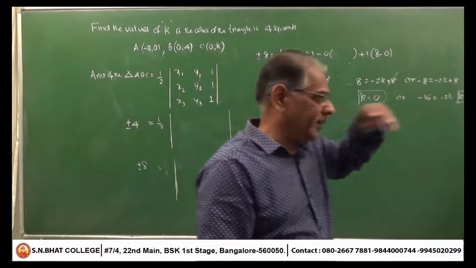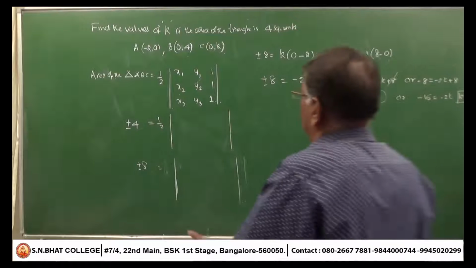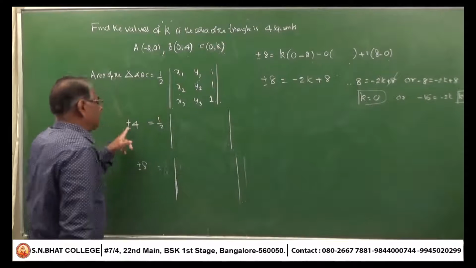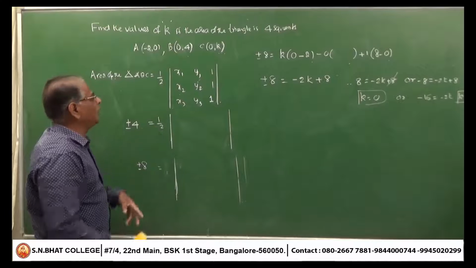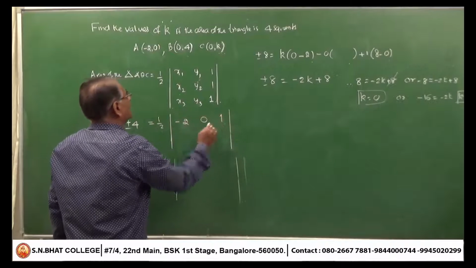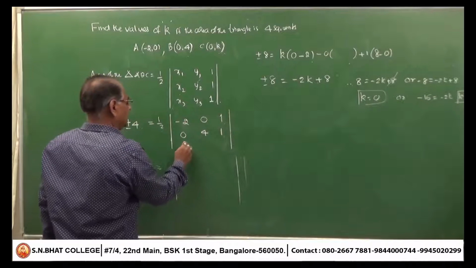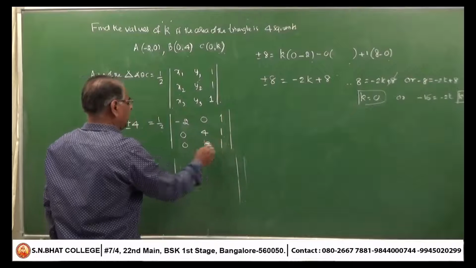First you have to write the formula for the area of the triangle ABC: half into the determinant of x1, y1, 1, x2, y2, 1, x3, y3, 1. Again, for the area you have to take plus or minus 4, equal to half into the determinant minus 2, 0, 1, 0, 4, 1, 0, k, 1.